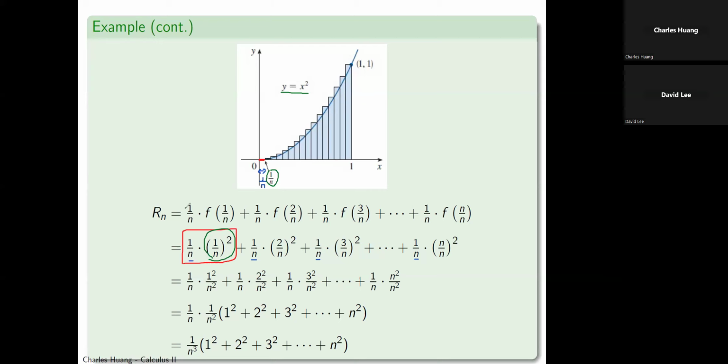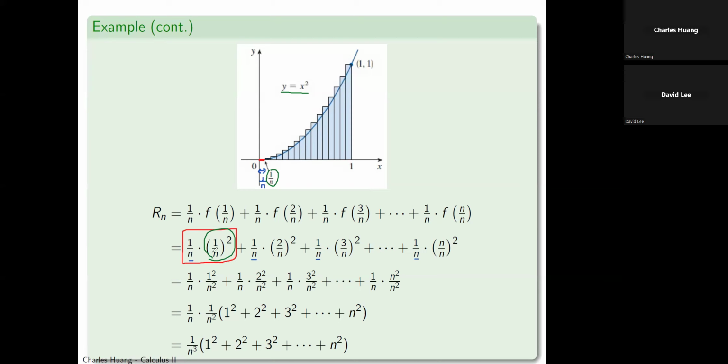The 1/n will always be 1/n for most of your questions. You might have something else over n, depending on how big the interval is, but you'll always divide by n. But this function part will be a little bit different because it depends on the function. It's like f(x plus h) minus f(x), that kind of thing. It's the same idea.